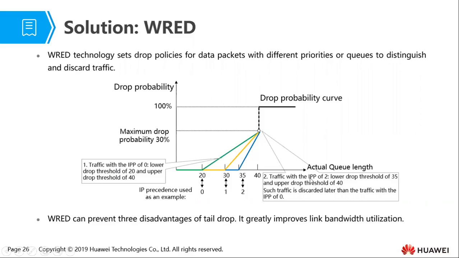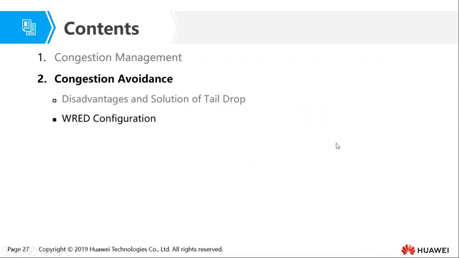Then traffic with an IP precedence of 2, like the blue one here, has a lower drop threshold of 35 and an upper drop threshold of 40. So we'll start randomly dropping, and at 40 we start dropping everything. So such traffic is discarded later than the traffic with the IP precedence of 0, that is, later than the green one here. So I hope that is clear.